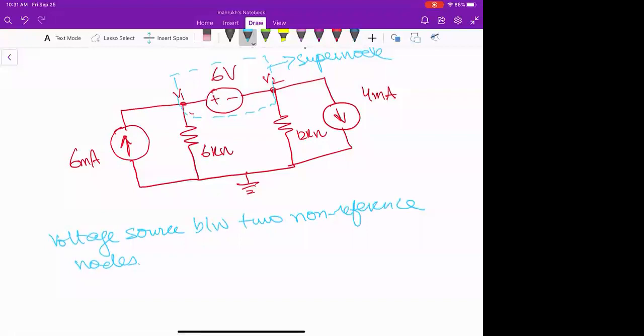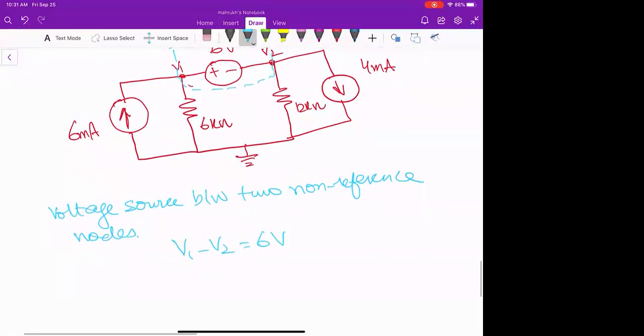And we will write it as V1 minus V2 is equal to 6 volts, okay? So now we can write it as V1 equals V2 plus 6, right?